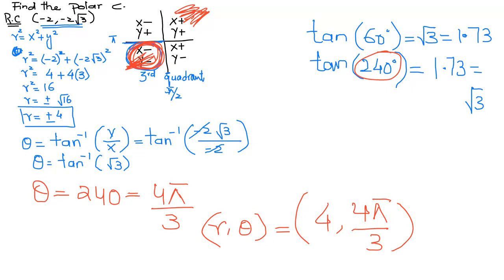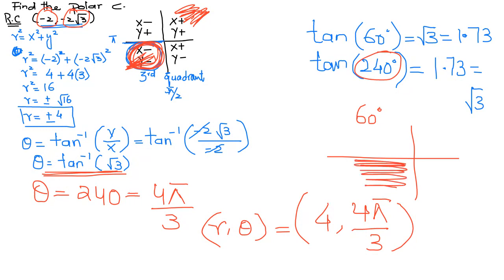Okay, I will repeat. We want to check the tangent inverse of square root of 3. You find from the calculator that it is 60 degrees. But you know the point -2 and -2 square root of 3 lies in the third quadrant, while 60 degrees is in the first quadrant.